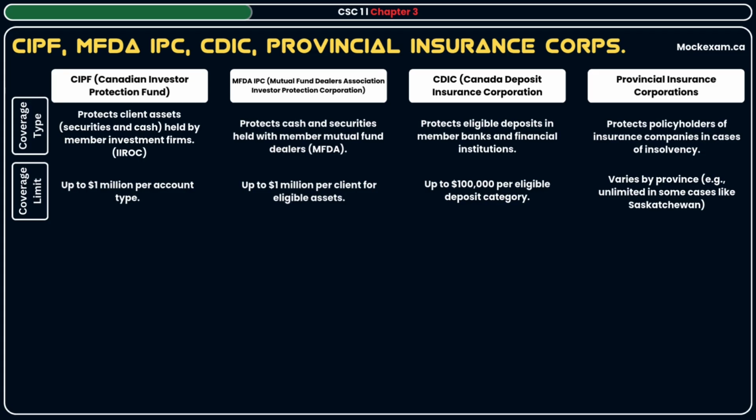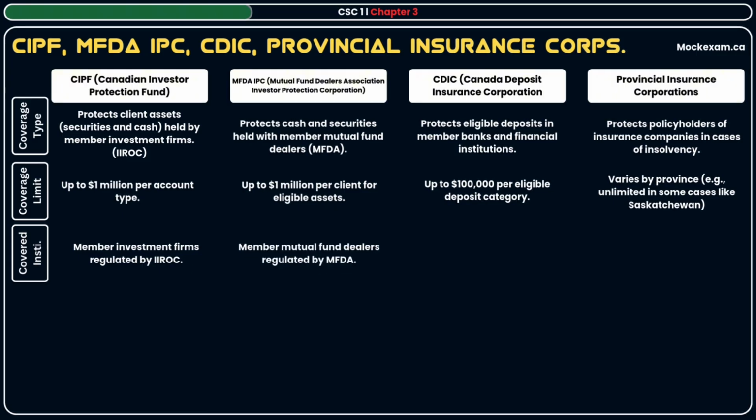Let's get to the third factor, which is covered institutions. CIPF covers the member investment firms regulated by IIROC, like I said before. The MFDA IPC protects the member mutual fund dealers regulated by MFDA.